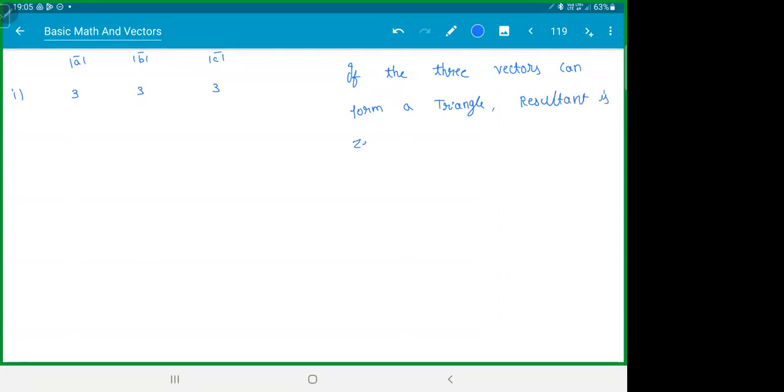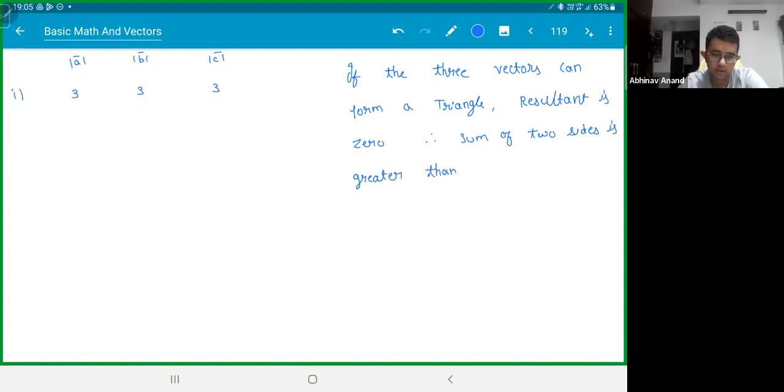That is the condition for a triangle. So here the answer will be 60 degrees.